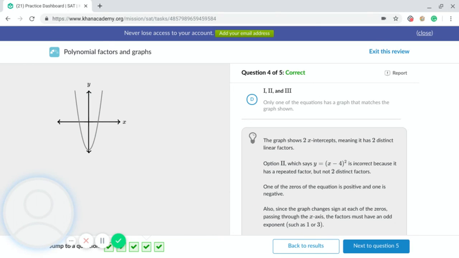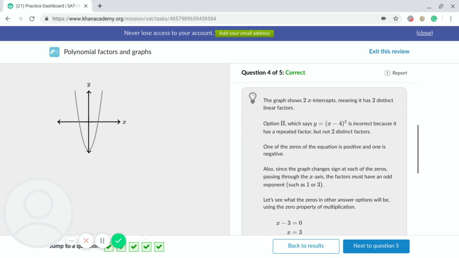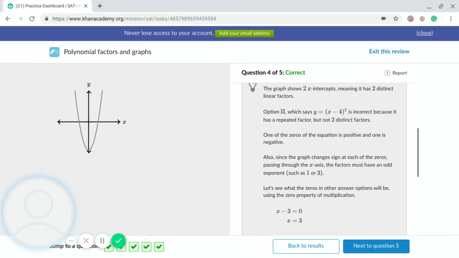So the graph shows 2 distinct x intercepts, meaning it has 2 distinct linear factors. Option 2, which says y equals x minus 4 squared, is incorrect because it has a repeated factor, but not 2 distinct ones. Yeah, so I guess 2 lines can overlap, which would make more sense. So we need 2 distinct options. One of the zeros of the equation is positive and the other one is negative.